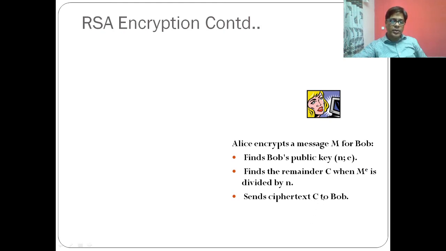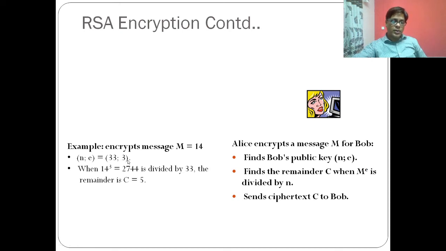So she will be sending, in place of the actual message M, an encrypted message C. For example, if she wants to send a message M which is 14, then for the chosen public key 33, 3, as in the last slide, 14 to the power 3, M to the power E, modulo 33 is 5.